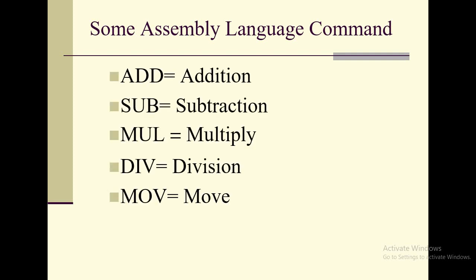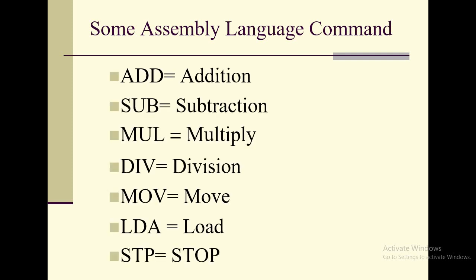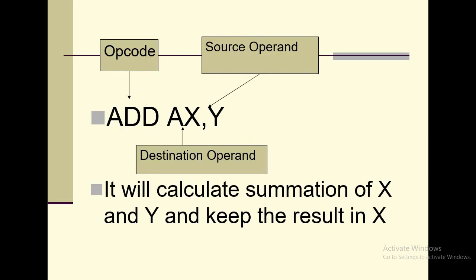There are some examples of assembly language. Add means addition; subtraction, multiplication, division, everything is possible, but in a symbolic way, in shorter form. Here is an example of a full statement: ADD AX, Y. AX is a register, and a register is a temporary memory of computer, and Y holds some data, a variable.